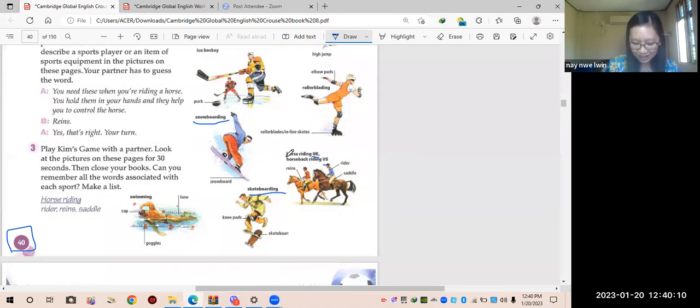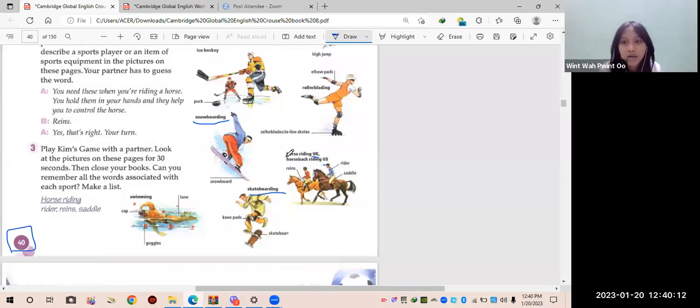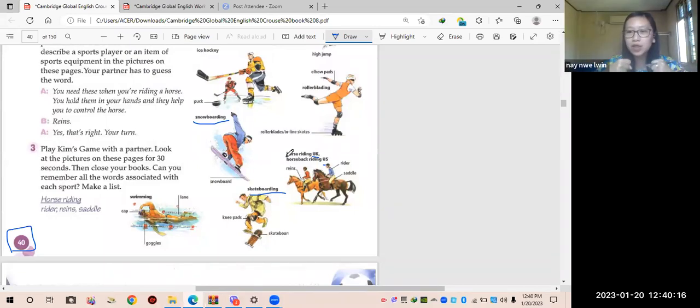Is that a string? Yeah, it's a rope or string that we use to control the horse, right? So that is reins. And what Julie is talking about is saddle, something we can sit on the horseback comfortably. So there's rider, reins, and saddle, right?